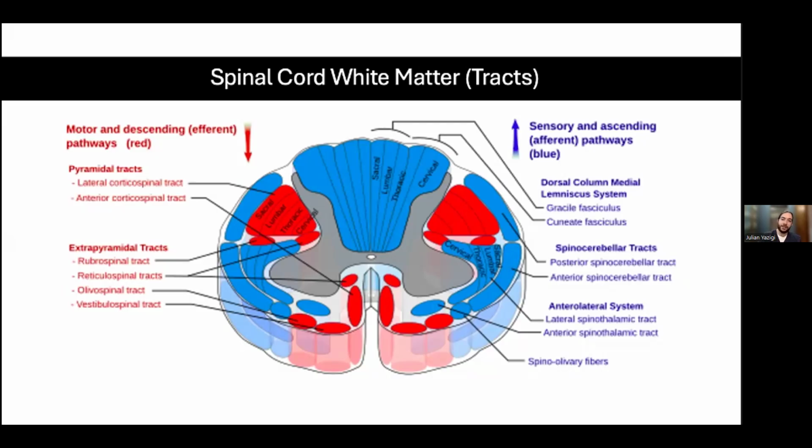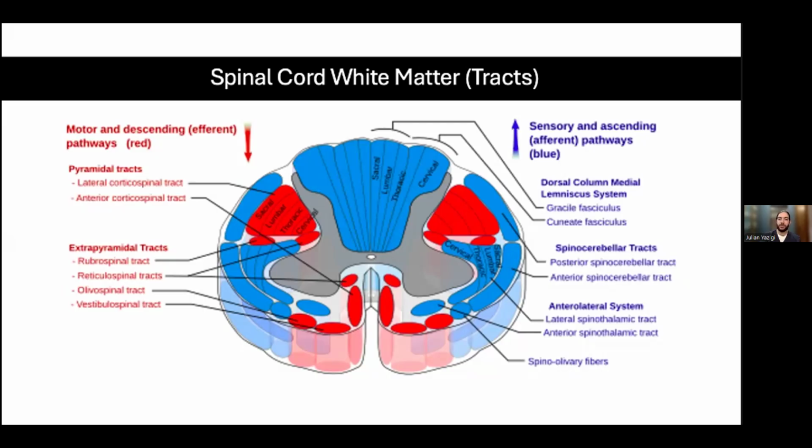In terms of the descending tracts, the pathways originate from cortical and brainstem motor centers and modulate voluntary movement, posture, tone, and reflex activity. The most significant of these is the corticospinal system, responsible for fine voluntary motor control. The lateral corticospinal tract arises from the precentral gyrus, decussates in the pyramids of the medulla, and then descends in the lateral funiculus to synapse on motor neurons or interneurons.